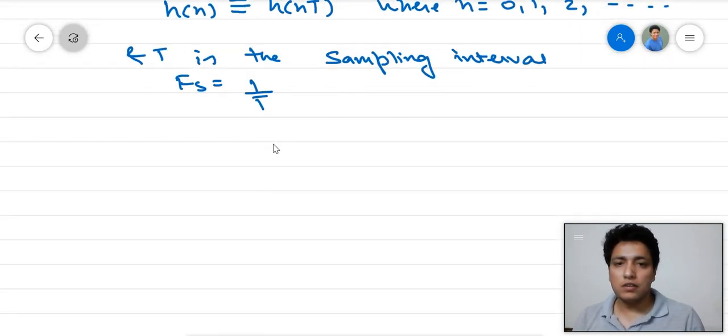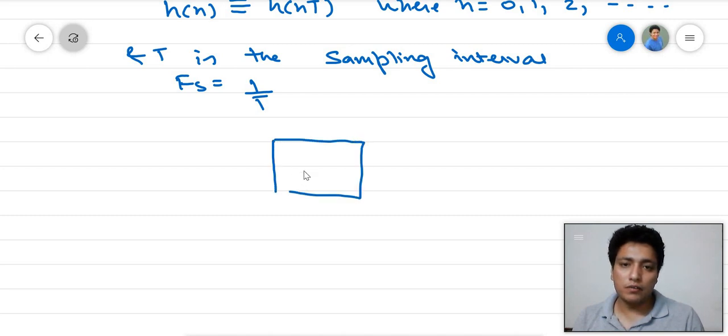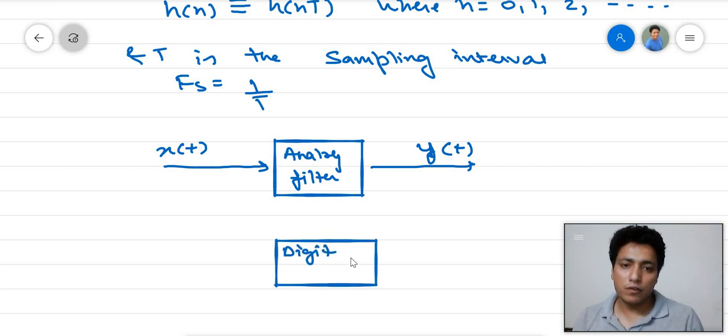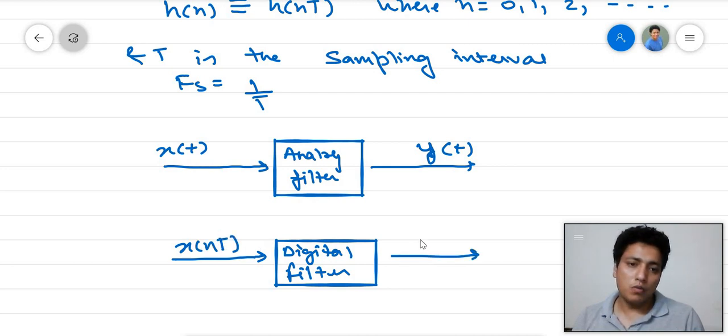So the point is, if we have an analog filter and provide an input x(t), then the output will be y(t). Similarly for a digital filter, if the input is x(nT), the output will be y(nT).